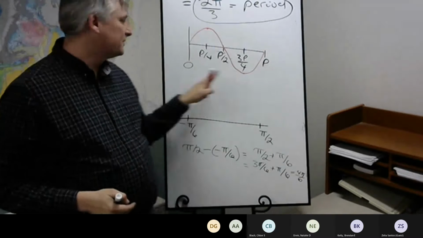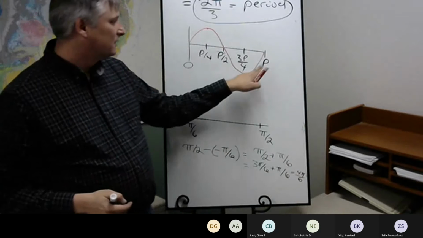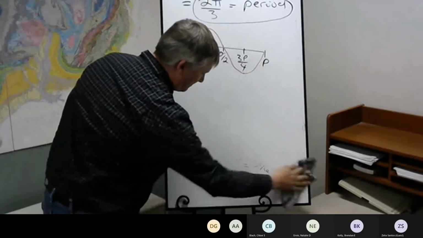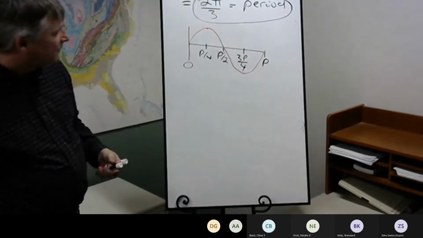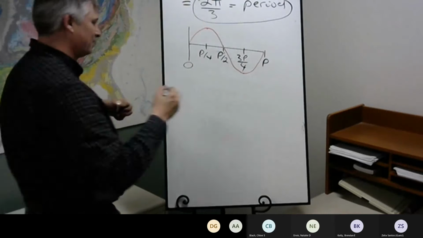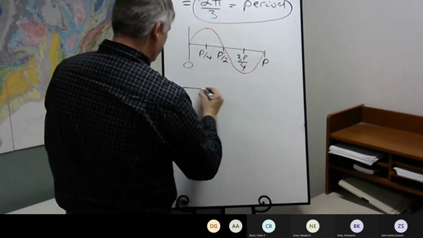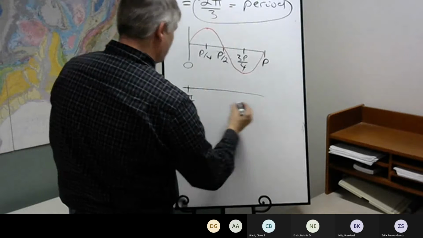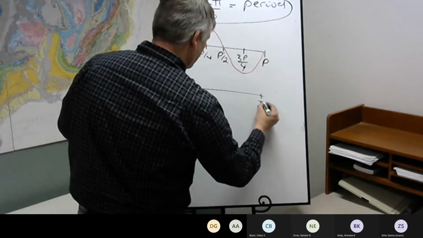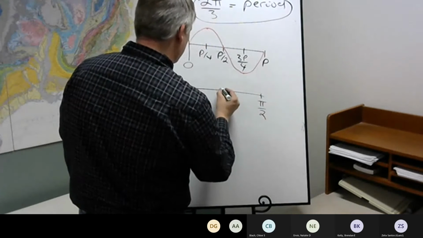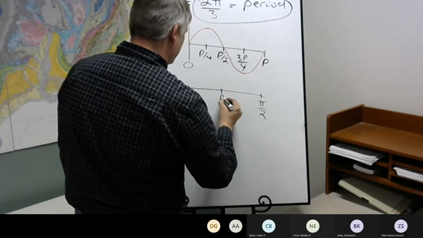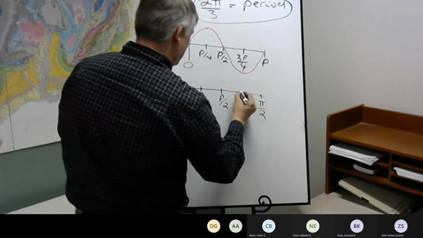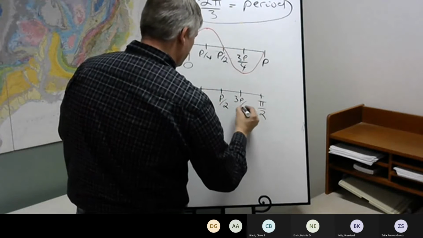We know this one. This is the negative pi over 6. This is the pi over 2. We still need these locations.